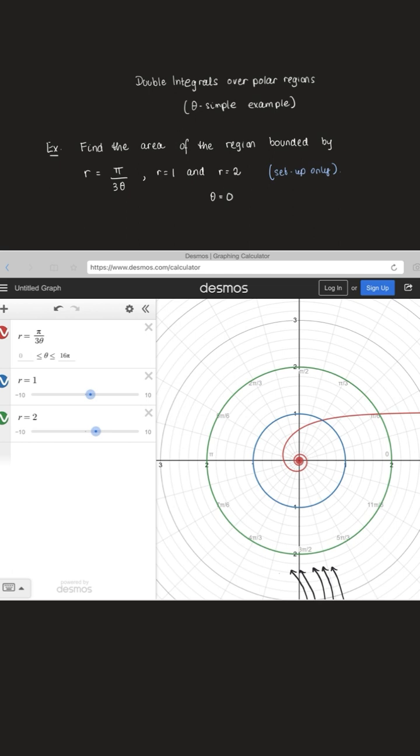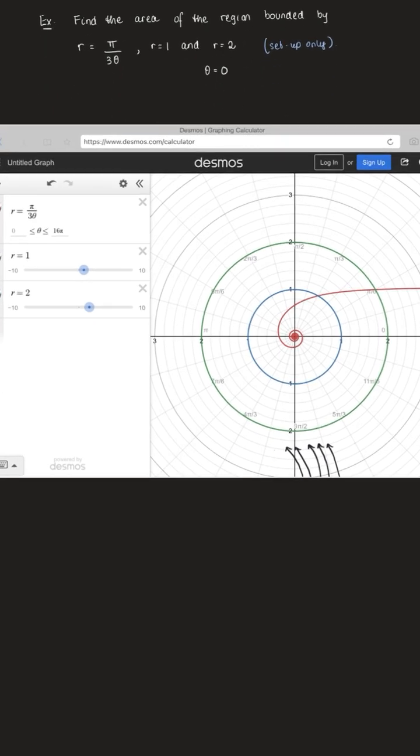And the two functions that theta is between are, so if we go theta simple for this region, then theta is always greater than or equal to 0. We can see that in our region. And we know that it's less than or equal to our function, but our function is written as r equals pi over 3 theta. That's easy enough for us to solve for theta. If I multiply both sides by theta and then divide by r, we really have theta equals pi over 3r.